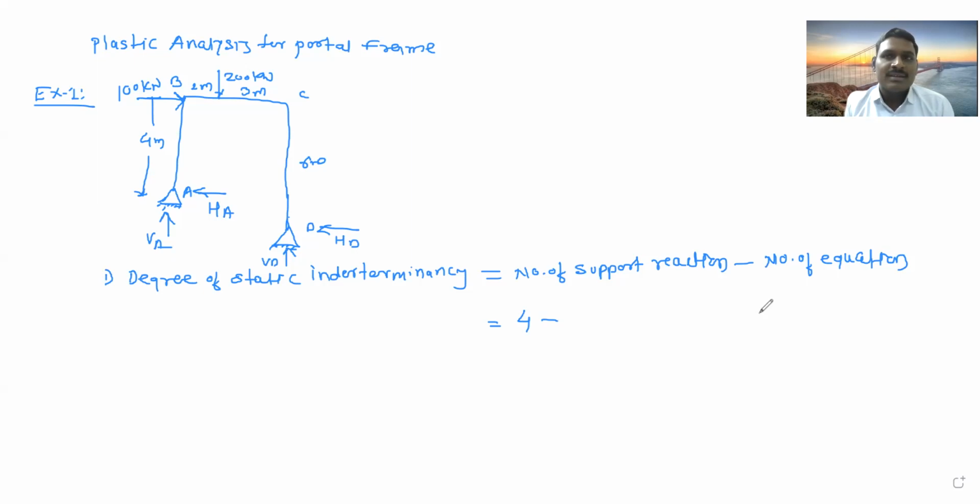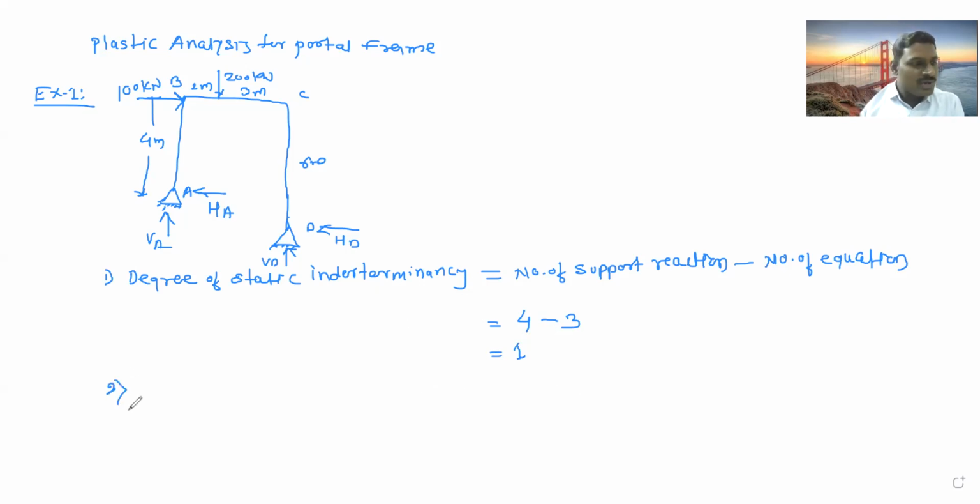So 4 minus 3, the value is 1. The degree of static indeterminacy is 1.